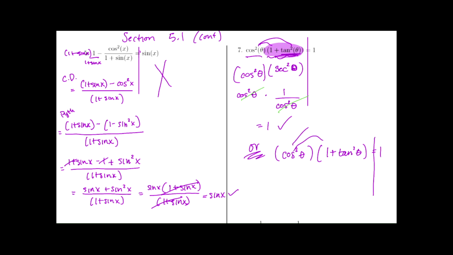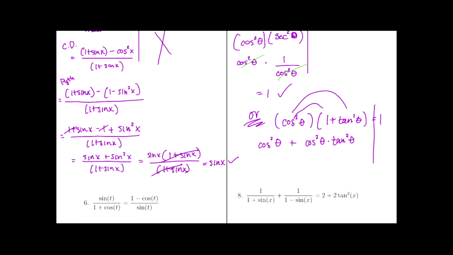You can distribute this cosine, so you have cosine squared theta plus cosine squared theta times tangent squared theta. This is all still good. And then cosine squared theta plus, this would be cosine squared theta times sine squared theta over cosine squared theta. Those cancel. Now you're looking at cosine squared theta plus sine squared theta, which we know is 1 from the Pythagorean identity.